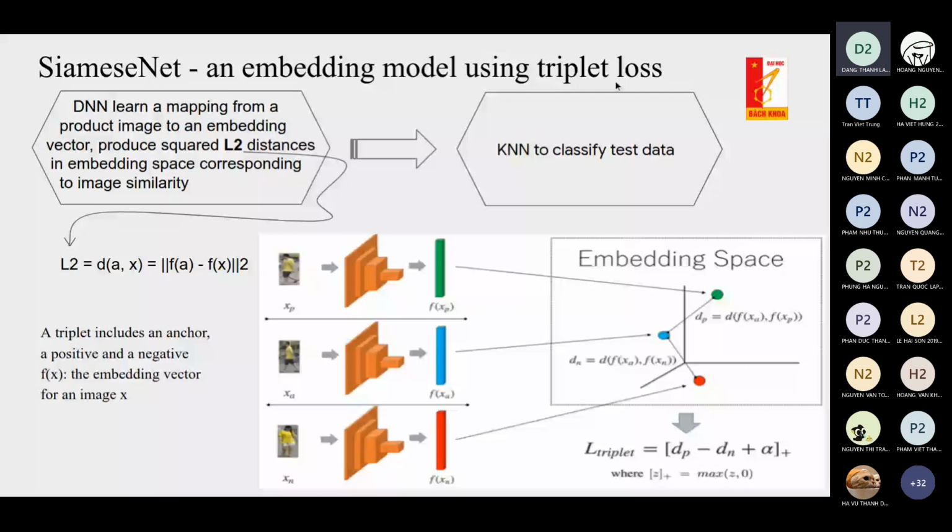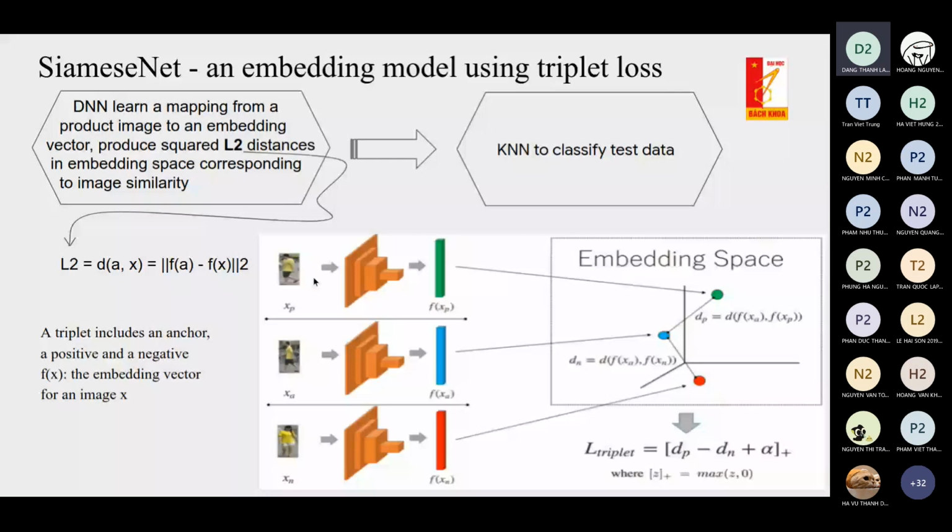This loss is different from other models because it uses 3 images to compute. The first one we call the anchor. It is basically any random image in our dataset. The second one is positive. This is an image of the same class as the anchor. And the third is negative. It's an image that has a different class from the anchor.